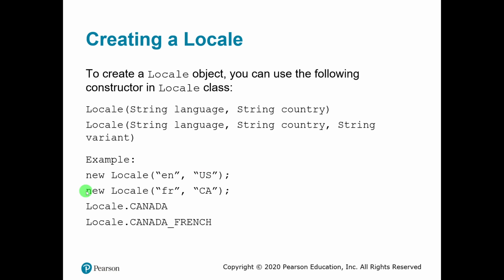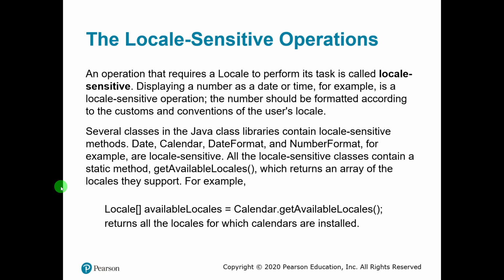We could also say something like new locale, and specify the language French and Canada for the country. You can also set the locale and use some built-in constants like Canada or Canada_French.